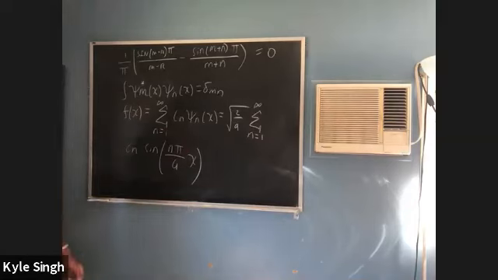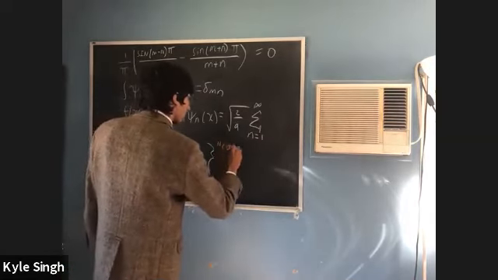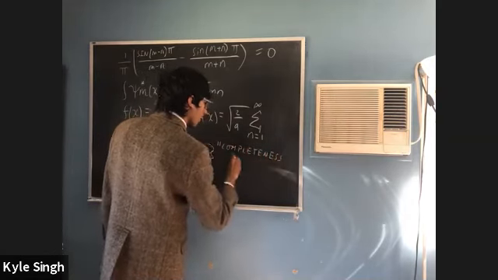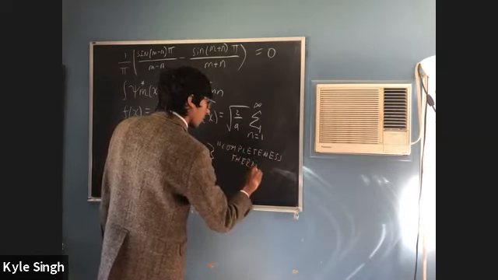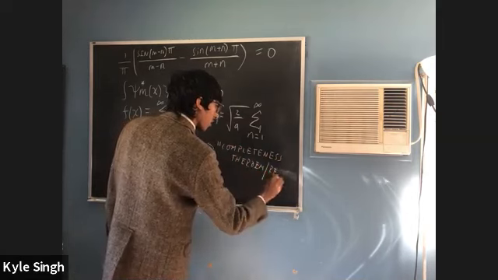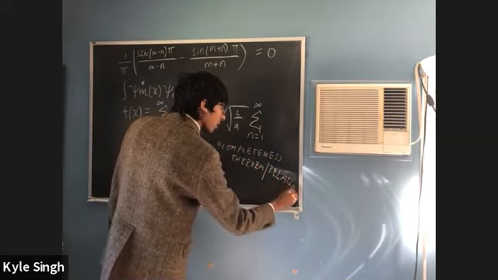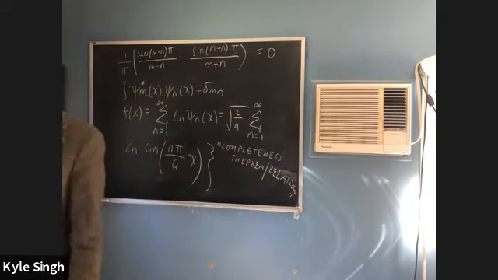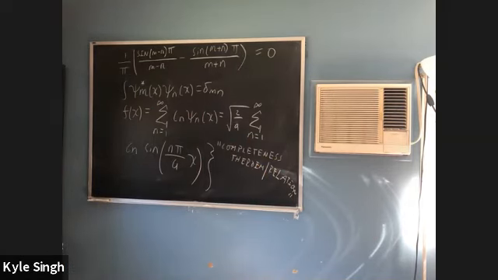Okay, so that's the completeness theorem, where now I just have a sum over all my states from the square well. Any questions?